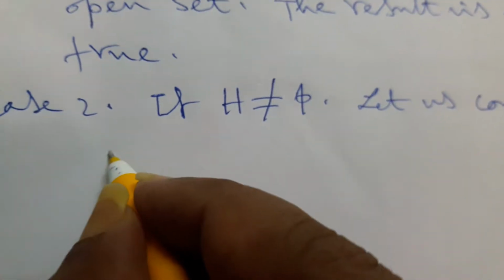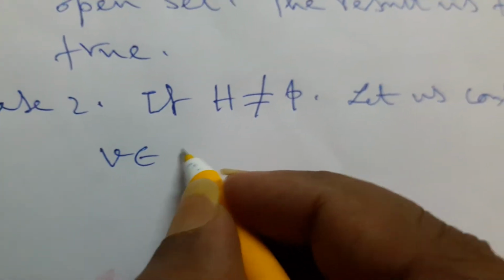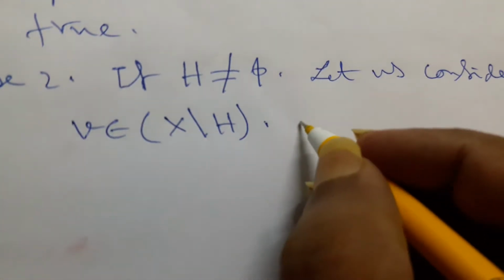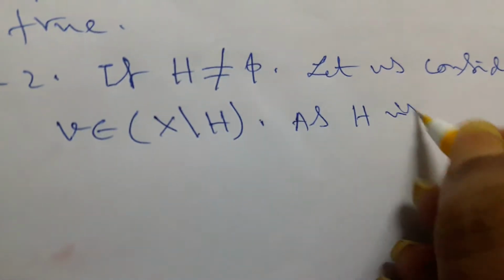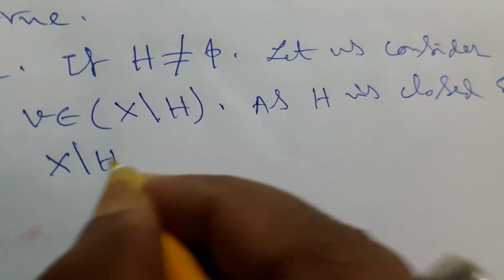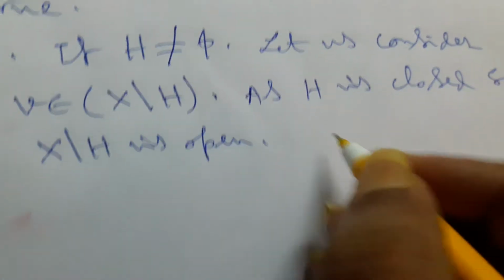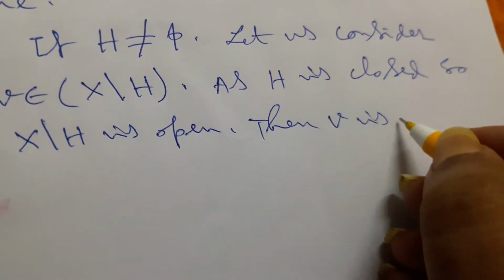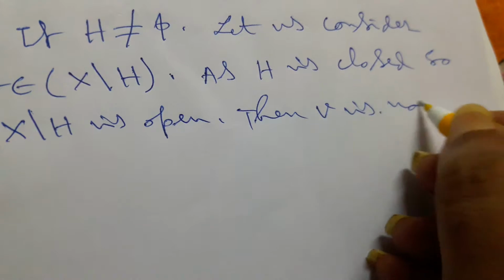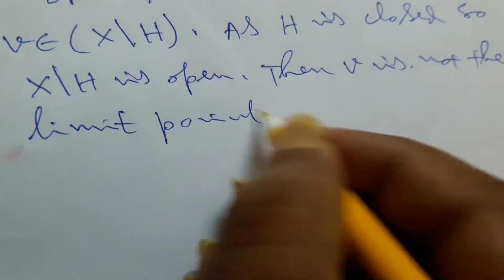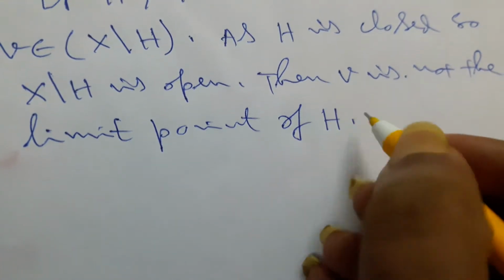Suppose v is an element of X minus H. As H is closed, X minus H is open, then v is not a limit point of H. It is clear.